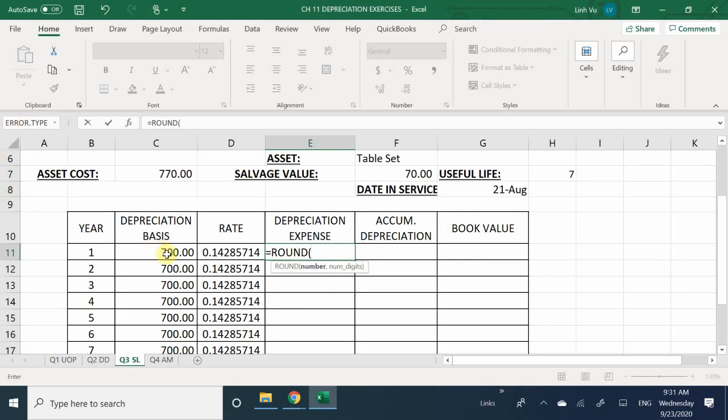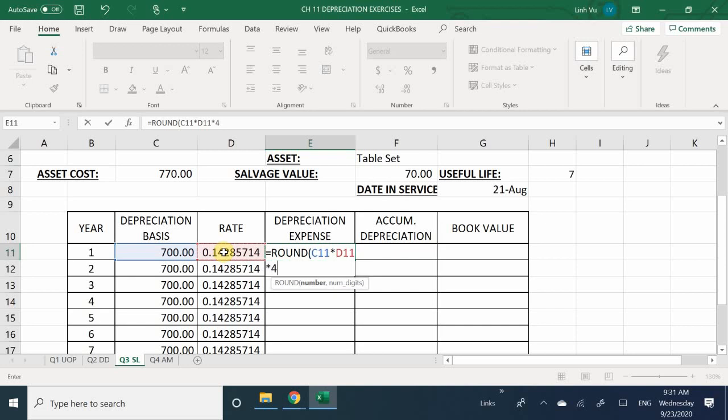So I'm going to kickstart my equal sign. What is my formula for depreciation expense? Rate times depreciation basis. Yes. All right. And don't forget, because we are time sensitive in here, it's only 4 months old.